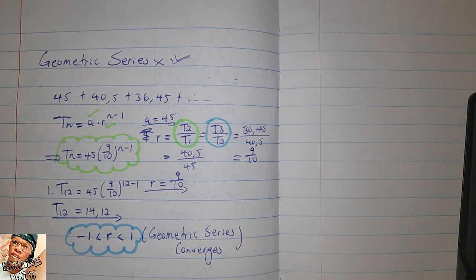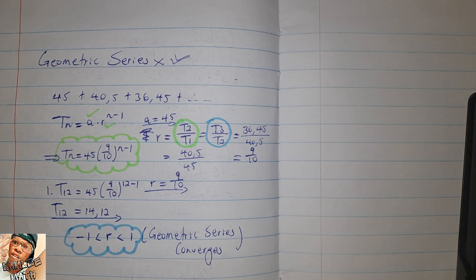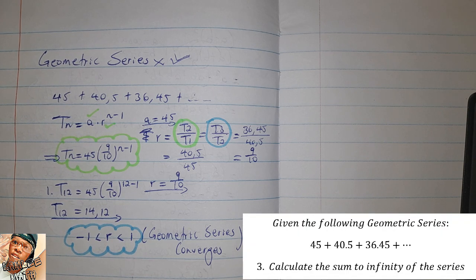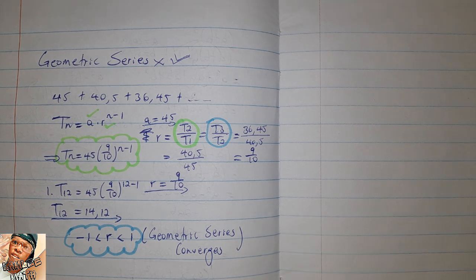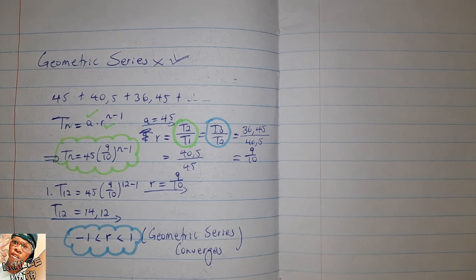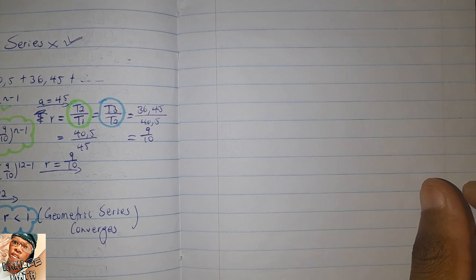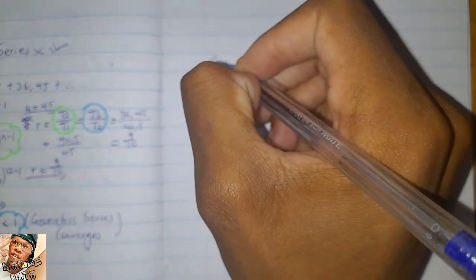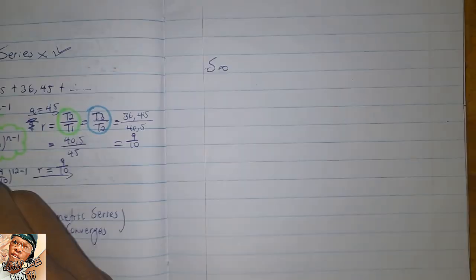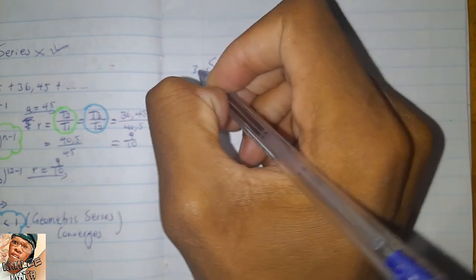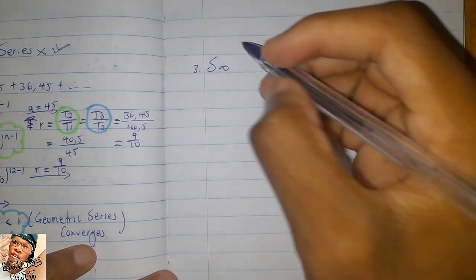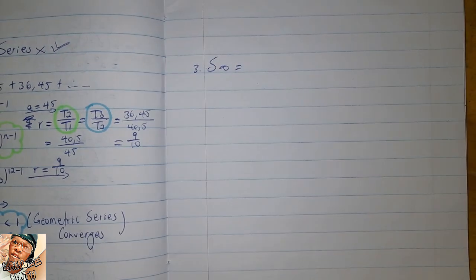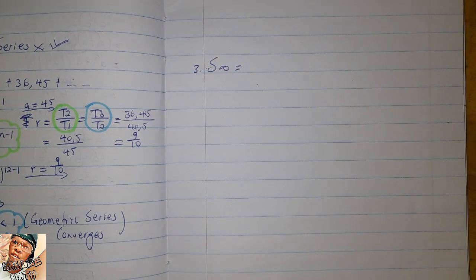Okay. So the next question, question 3, says calculate the sum to infinity of the series. So now they're looking for the sum to infinity, right? I'm just going to slide the paper to the left to have more space. If you need a formula for that and you don't know it by heart, you can just go to the back of the paper.